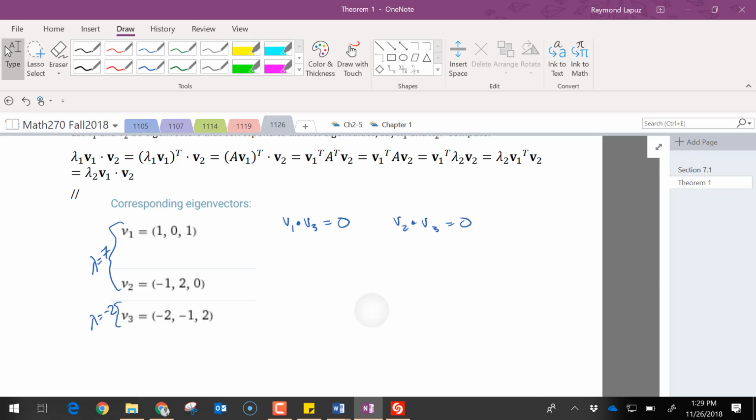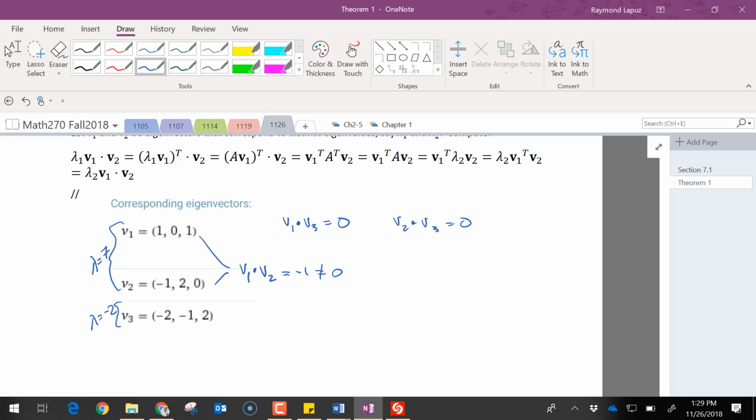It doesn't say anything about vectors coming from the same eigenvalue. So in this case, v1 dotted with v2 is not equal to 0, is it? It's equal to -1, but more importantly, not equal to 0. So if you're within the same eigenspace for the same eigenvalue, then you're not guaranteed that those vectors are going to be orthogonal.